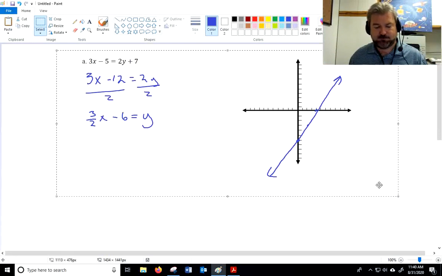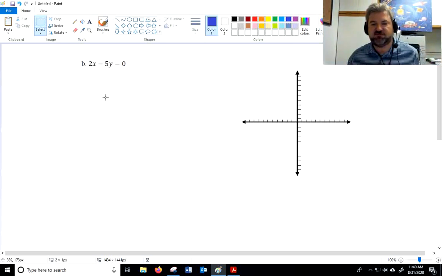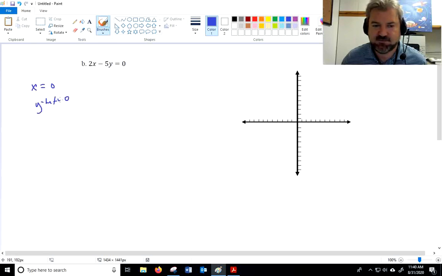Okay, well, this form is actually in standard form already, but in this case, it's not very helpful to graph. If I try and find the x and y intercepts, I'll find that the x-intercept is 0 and the y-intercept is 0. So it just gave me 1 point, not enough to graph. So when you have standard form equal to 0, it's pretty much going to require you converting it to a different form.